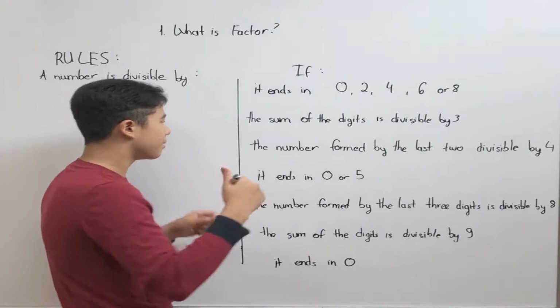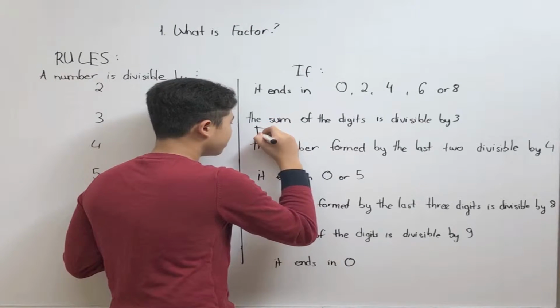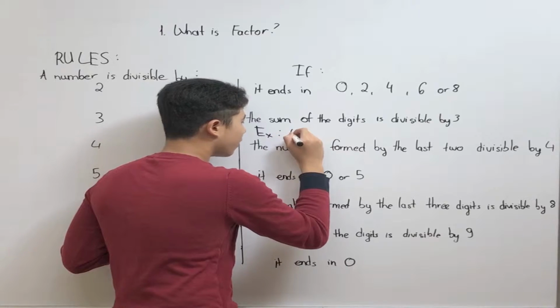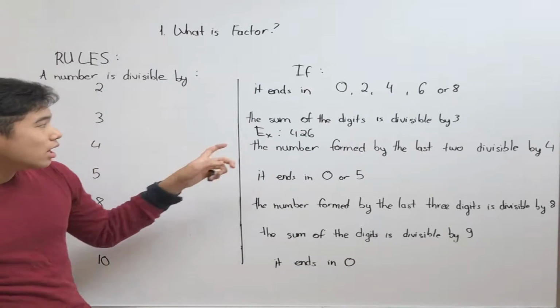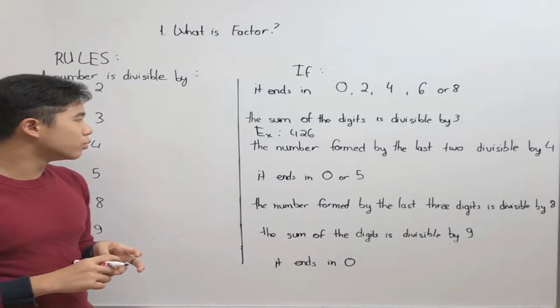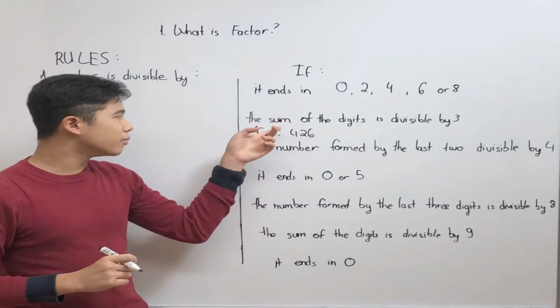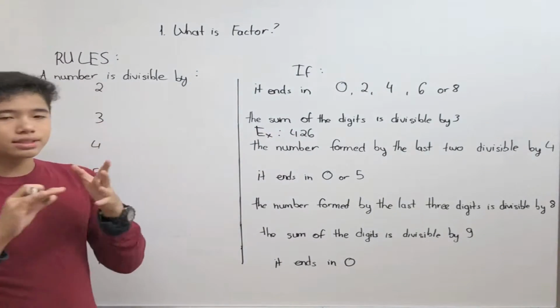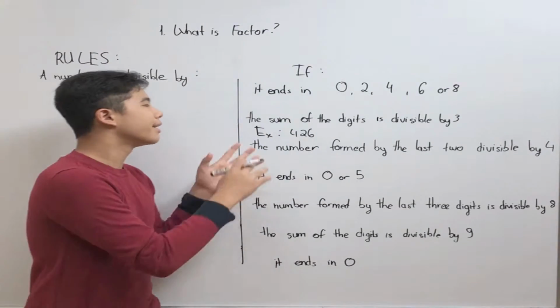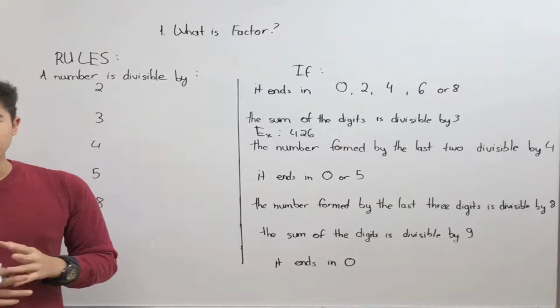Let me write an example right here. Example: 426. If you want to explain, you must write the sum. 426 is divisible by 3 because the sum of the digits is divisible by 3.